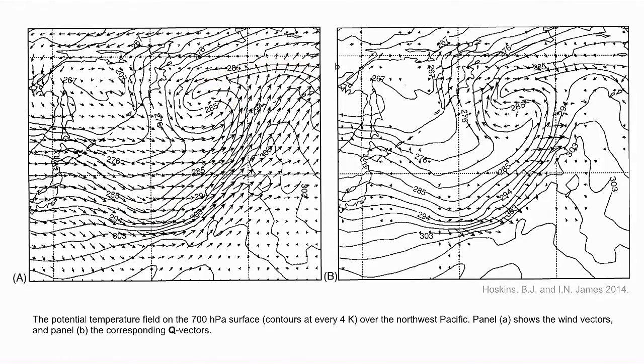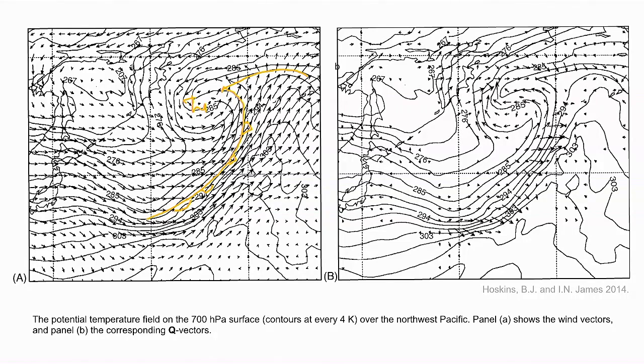I better be careful here because Michael's told us what cold fronts are not. I'm hoping that this is one, and there's the warm front at the back of it. Here's the low. Here's the Q vectors. So some computer program has gone through and calculated the Q vectors. We're going to, in a few moments, think about how we might do that without the aid of a computer program.